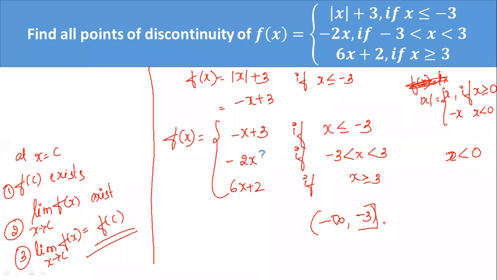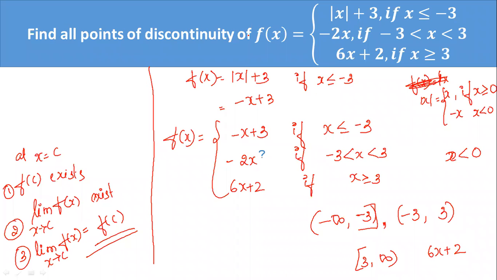Then if x is in between minus 3 and 3, that is the open interval minus 3 and 3, which means minus 3 is not included and 3 is not included, the function is minus 2x. And if x is greater than or equal to 3, that is 3 comma infinity, then the function is 6x plus 2. Hope you have understood the definition of the function. Okay, so we'll move on to the problems.